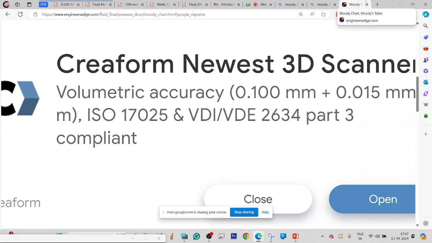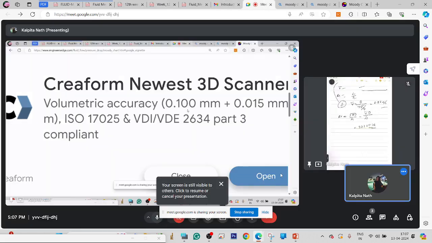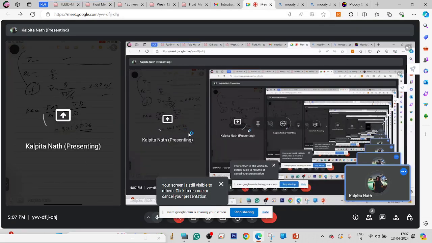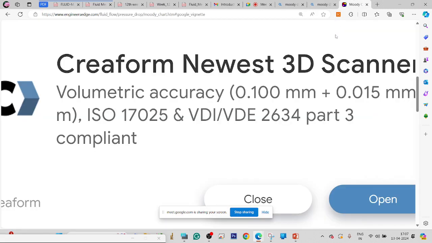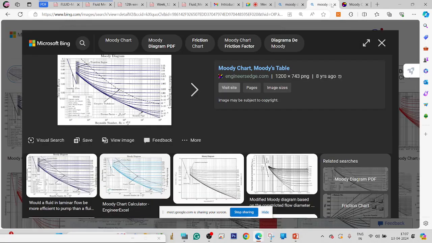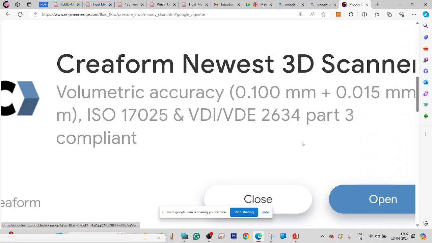I've prepared many questions for today. I don't know whether I'll be able to solve all of them, but let's try. Okay, let me show the Moody's chart once, and later on you can open it yourself and check.